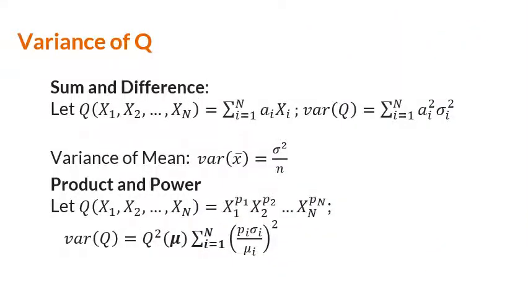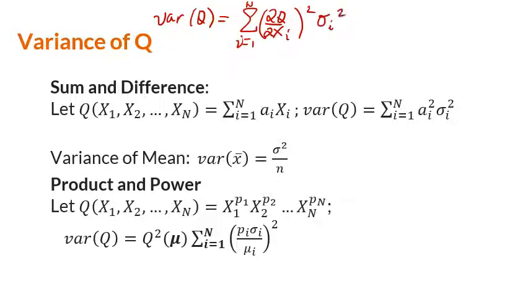Okay, so for the sum and difference, let's write things once again. So we have your variance of q is given by the summation of i equals 1 to n of the partial of q with respect to x sub i squared times sigma sub i squared.